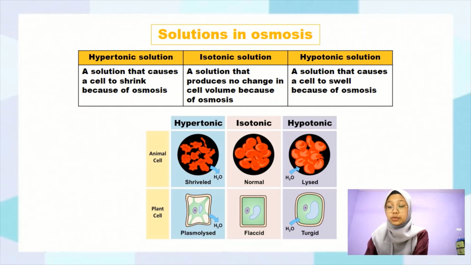So it will plasmolyze. In an isotonic solution, it will be flaccid, which is normal for the plant cell, but we don't call it normal, we call it flaccid. And in a hypotonic solution, the cell will become turgid since the solutes in the cells are higher than outside the cells. So the water molecules will enter the cells and make the cell become turgid.